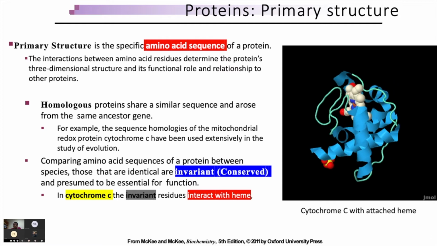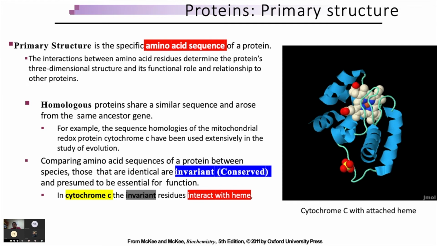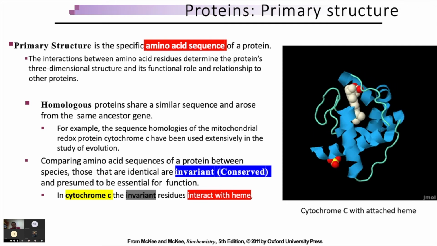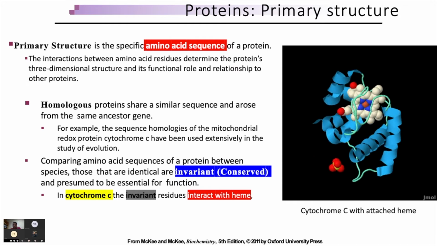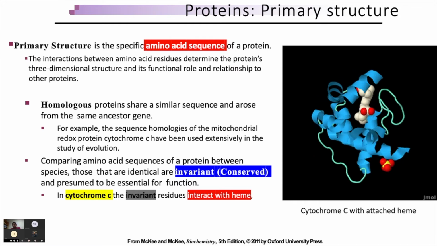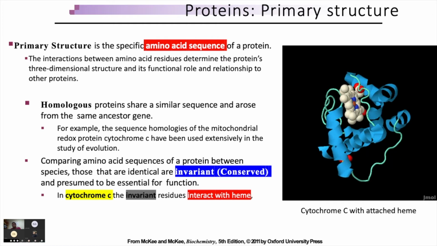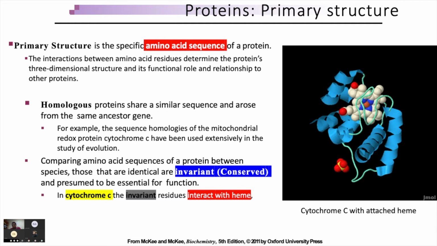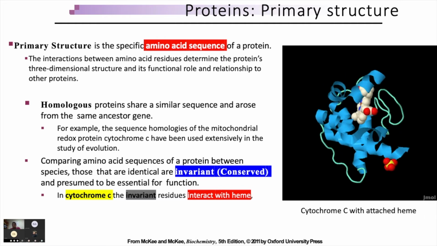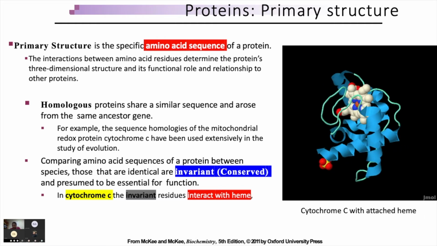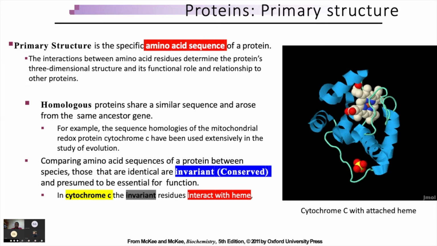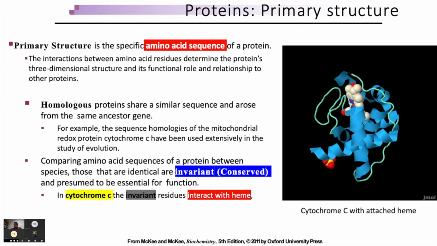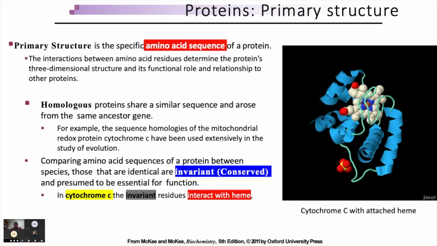This cytochrome molecule is present, in fact, most of the time in the mitochondria, and plays a very vital role in cellular energetics, and it has been conserved for millions of years, from single-celled organisms to multicellular higher order organisms, even human, mouse, cats, and every one of them has this cytochrome C. Fundamentally, this cytochrome is somehow conserved.